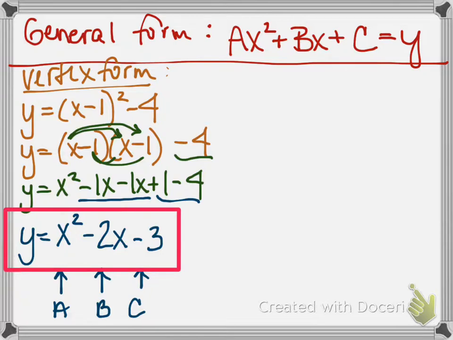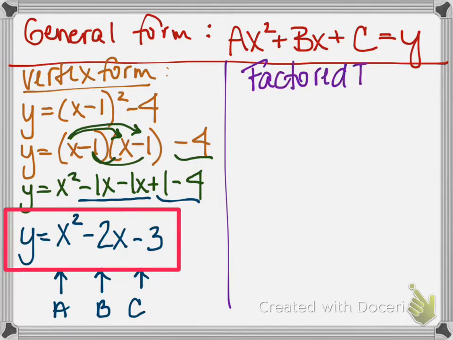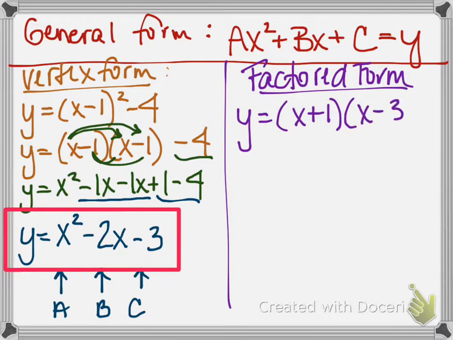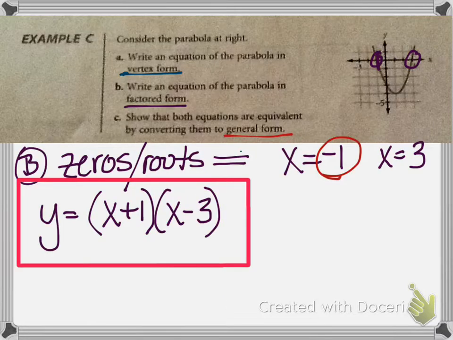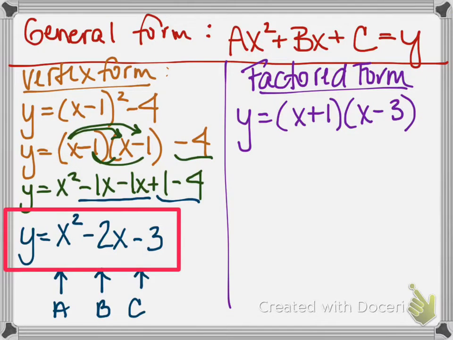Moving over and looking at factored form, we're just going to do an expanded form. So I had y equals (x plus 1) times (x minus 3). Just make sure I remember that correctly. x plus 1, x minus 3, perfect. And now again, I can FOIL like I did over here on vertex form, or I can use area model. So I'll do this one in area model just to show you a different way, right?